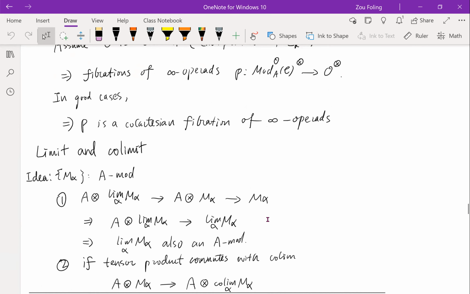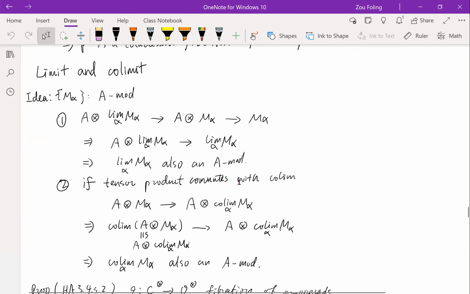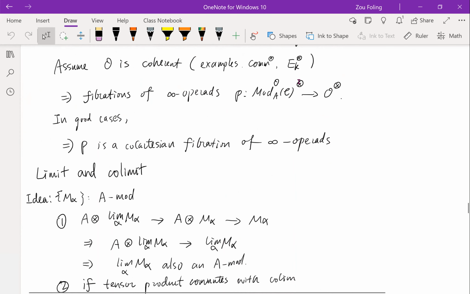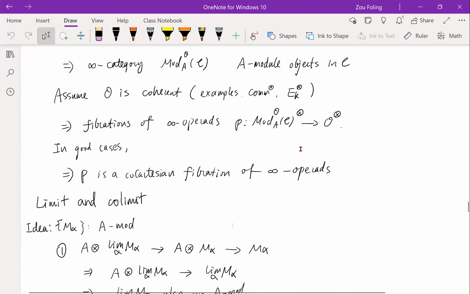Okay. And the next part concerns limit and colimit. I think I'm going to skip this part. Basically, it's studying when does the forgetful functor from A module objects in C to C preserve limits and preserve colimits.